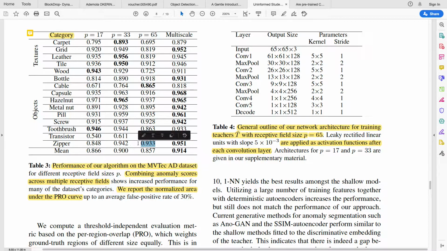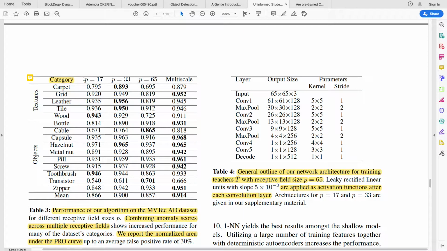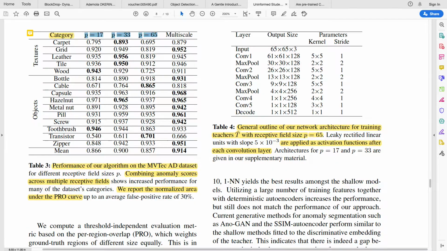So what they now did is they use multi-scale to combine all these three together, and these are their results.